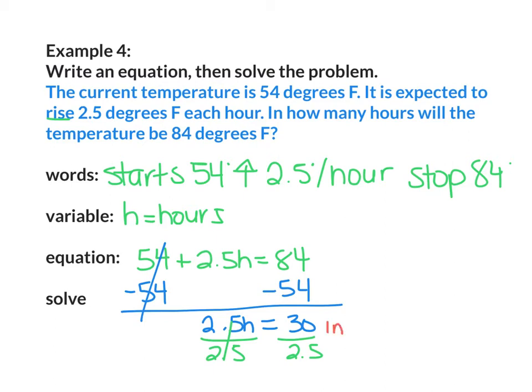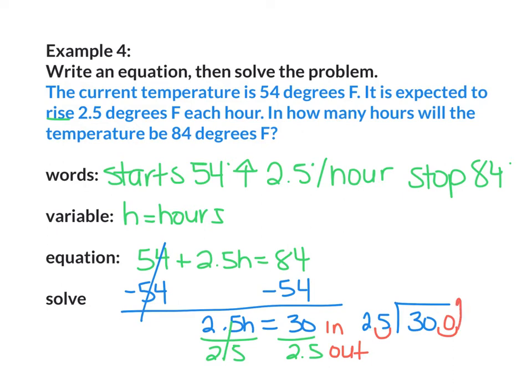So I'm going to do in and out. I'm going to go ahead and divide. Inside is going to be 30. On the outside is going to be 2.5. I know I can't have a decimal in the divisor, so I need to move the decimal one time to the right and then one time to the right in the dividend. I'm going to add a 0, and then my decimal goes straight up.